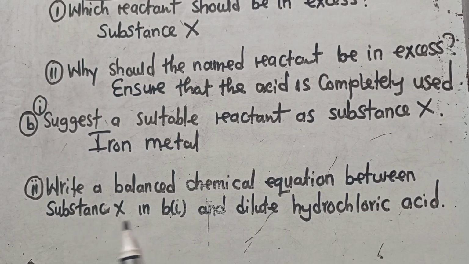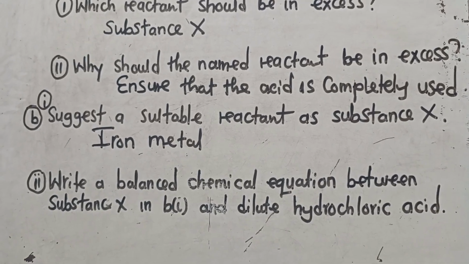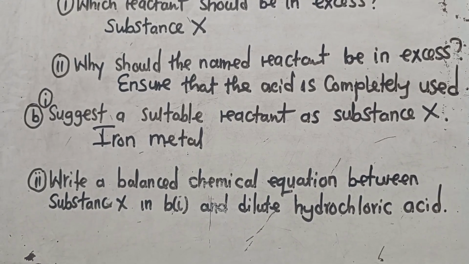We now move on to this one here. Write a balanced chemical equation between substance X, this metal which is iron, and the dilute hydrochloric acid. They want us to come up with a balanced equation. So what you need to understand here is that iron is reacted with dilute hydrochloric acid.